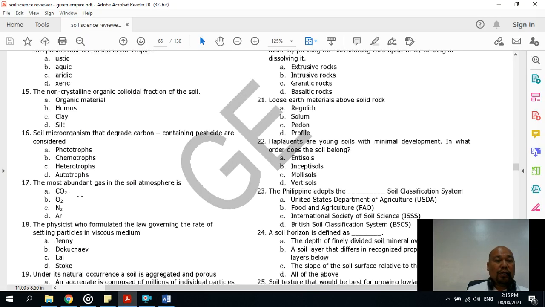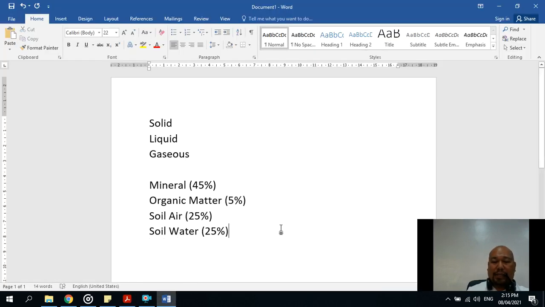So here, the question is: what is the most abundant gas in the soil atmosphere? We talk about gases in the atmosphere, not just in soil.